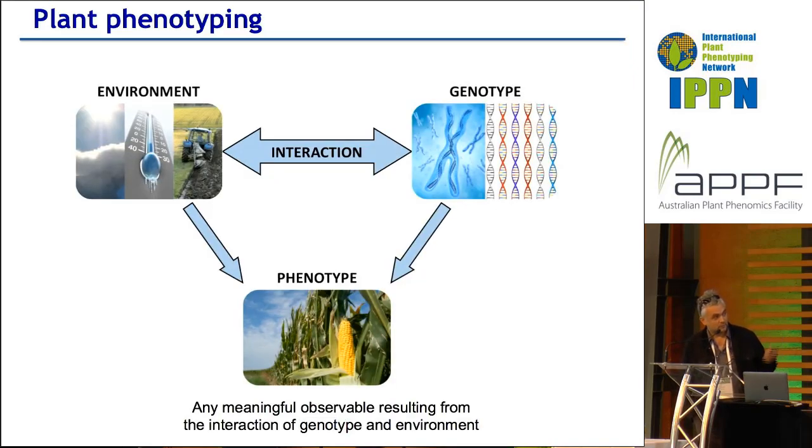So let's get back to the topic. I picked up this triangle from Yuli Schur's presentation, phenotyping being the result of environment and genotype, where any meaningful observable from this interaction is defined as a phenotype.